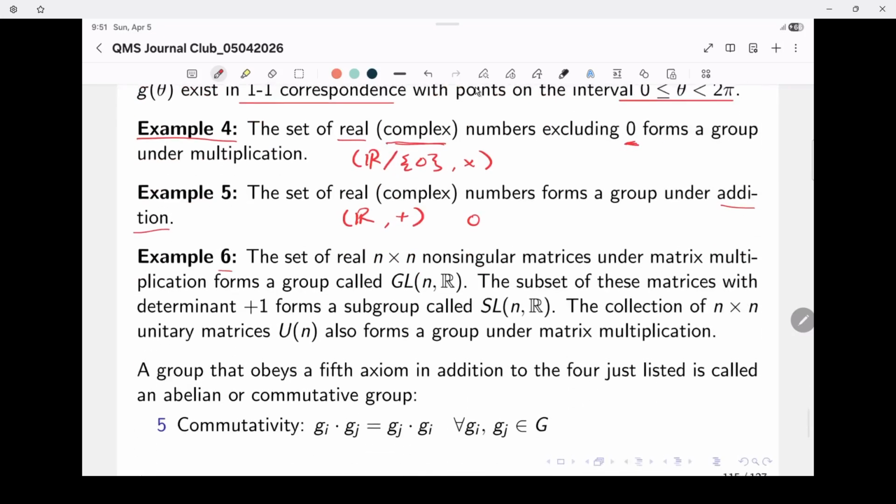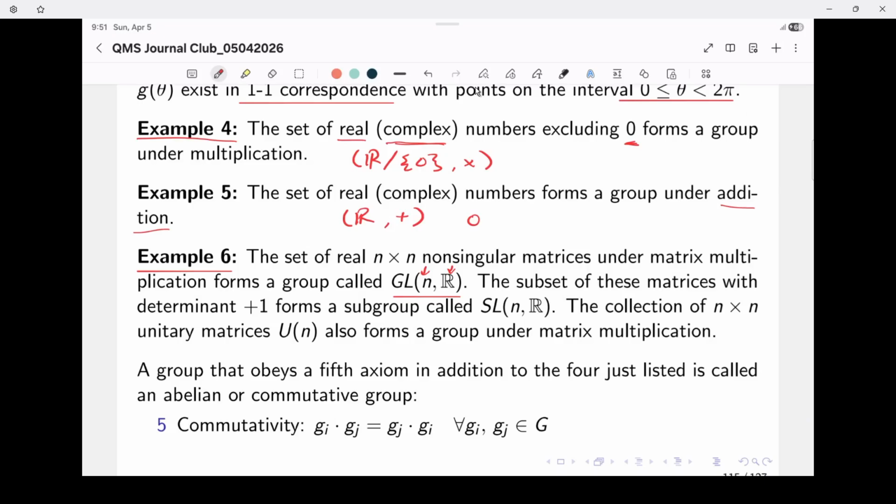The next example, example 6, probably is the most important example across what I want to discuss. It is the set of all non-singular matrices under matrix multiplication. They form a group called the general linear group. N means that you have n dimensions. R over here means that your entries are real numbers.